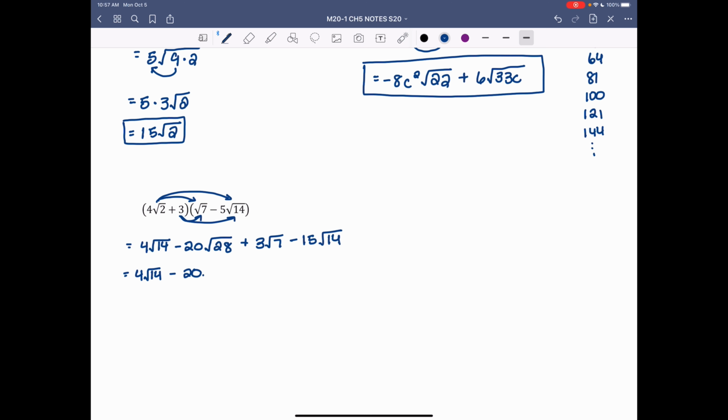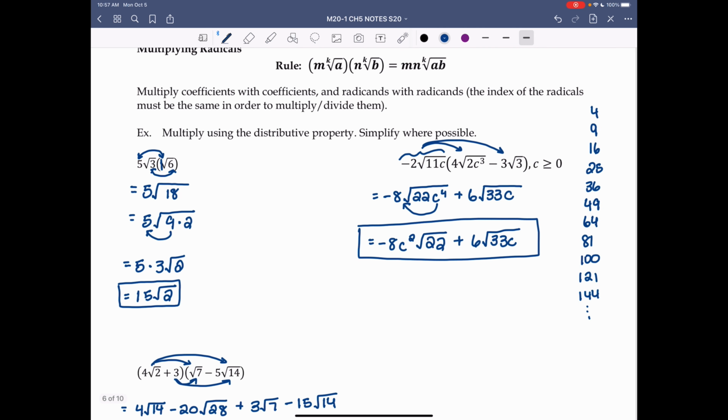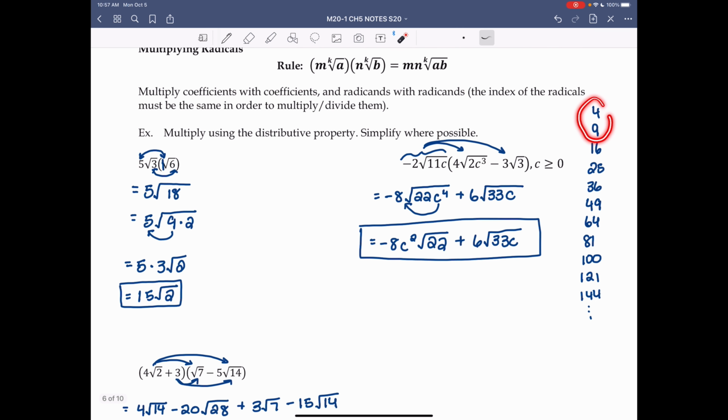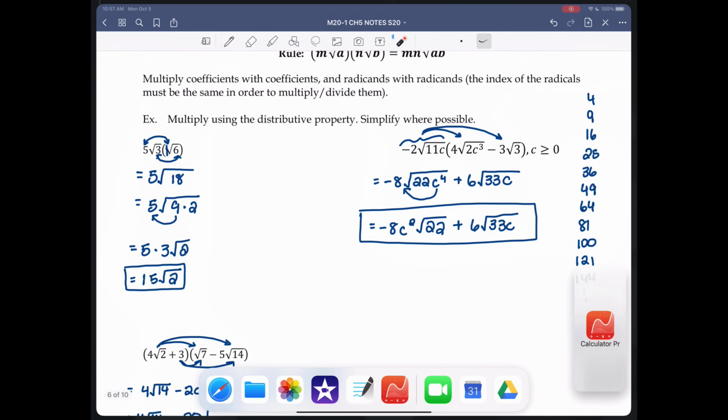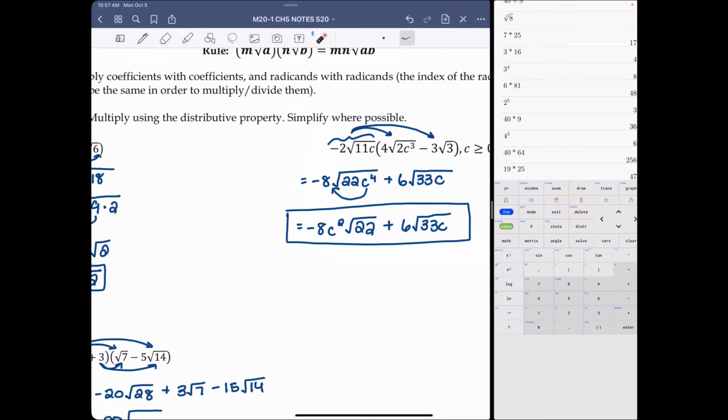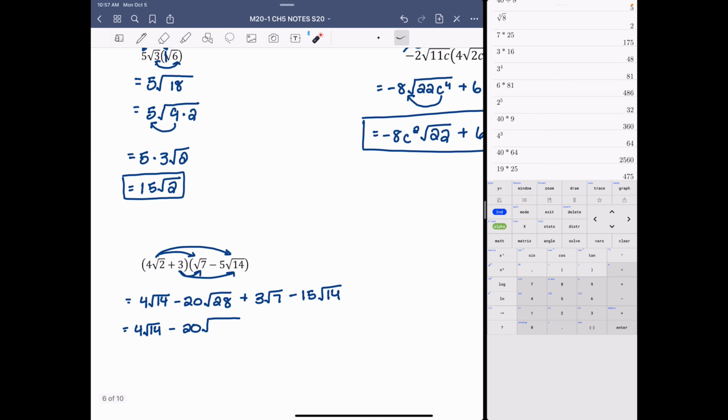Minus 20 root 28. Half of 28 is 14. So in our list of perfect squares, we can look at 4 and 9. 28 divided by 9 is going to give us a decimal, but 28 divided by 4, we get 7.